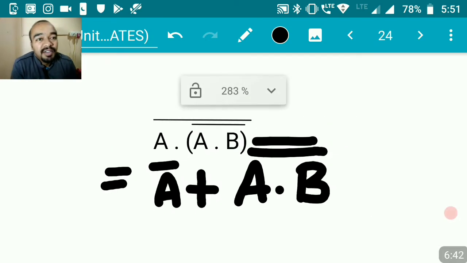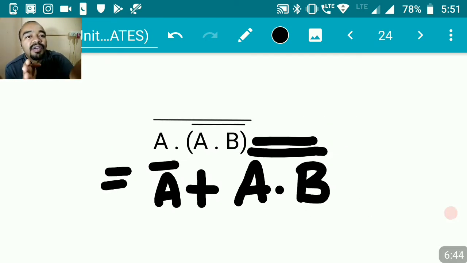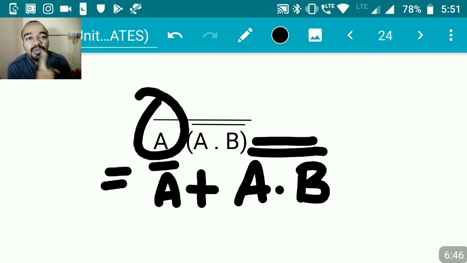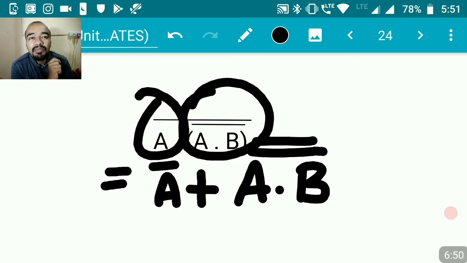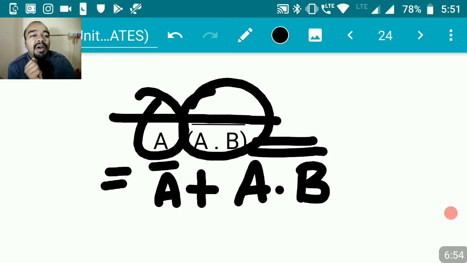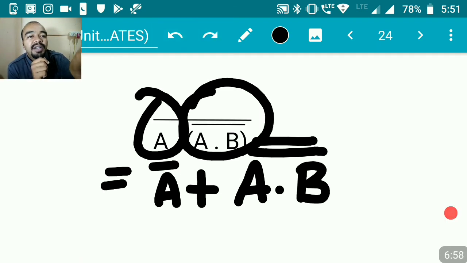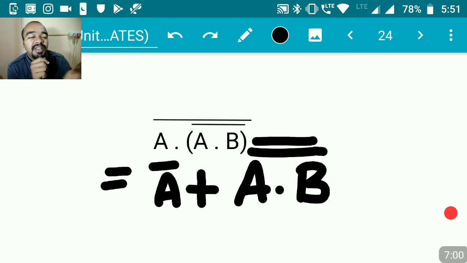Here we are going to consider this entire a as one variable and this entire a and b whole bar as one more variable, and there is a whole bar over it. We are going to split that whole bar into two parts by using De Morgan's theorem as I have written here.